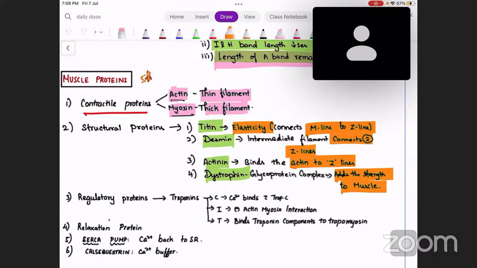Which one connects actin to the Z line? Actinin. Which one connects 2 Z lines? Desmin. Which one connects the M line to the Z line? Titin. Then you have the regulatory proteins, the third category, which are the troponins.